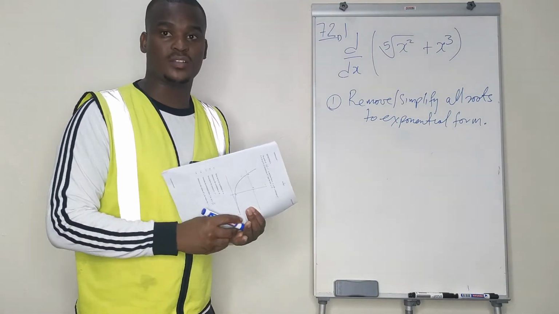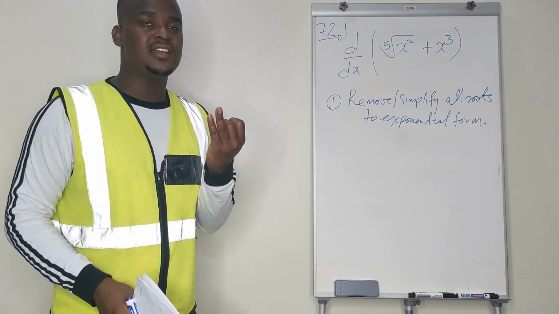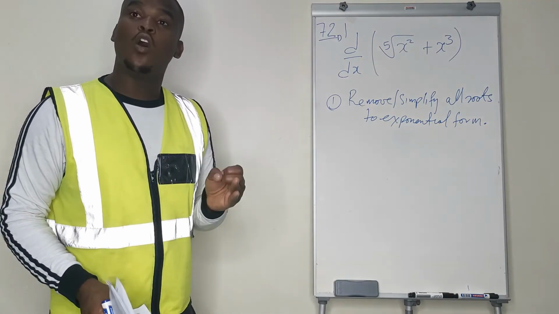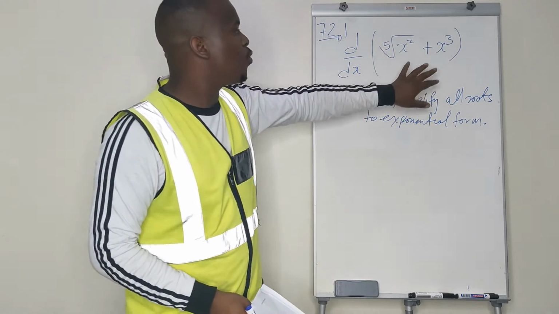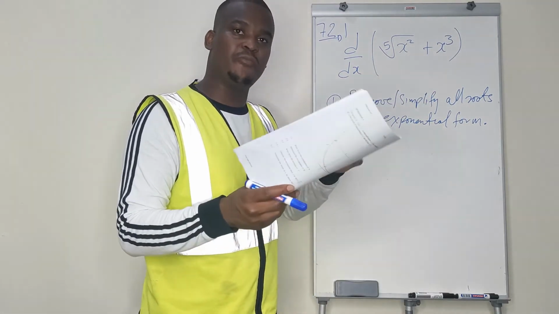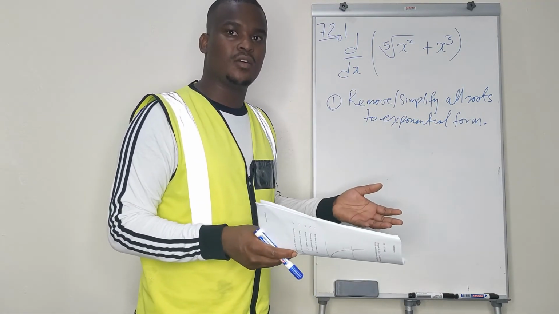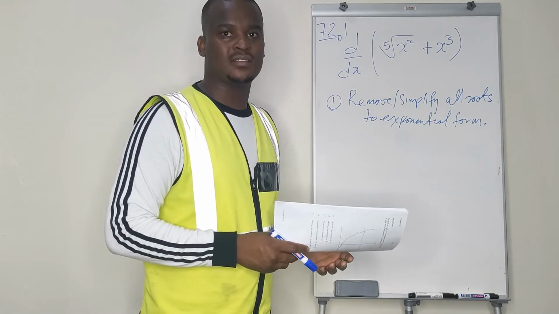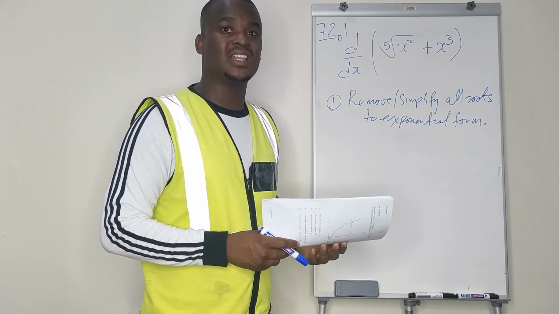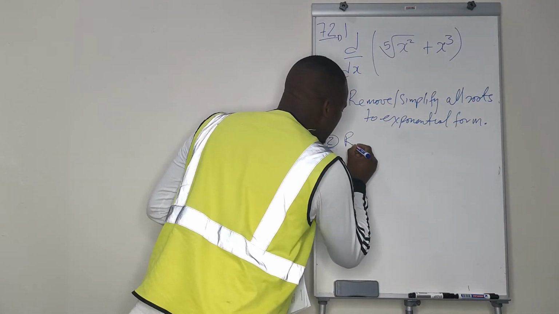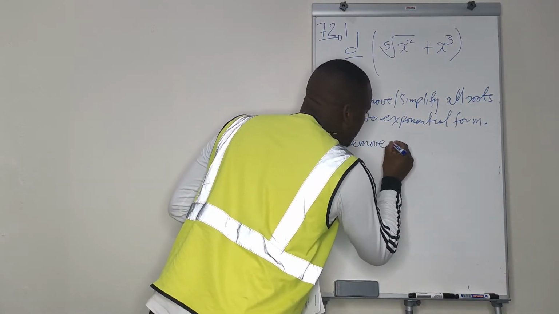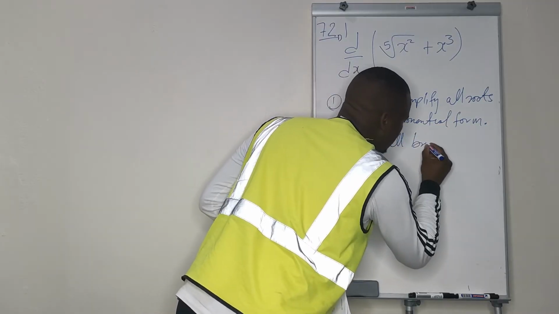That's the first thing they want. Second thing is remove all brackets. If what you want to derive has brackets inside it, you must remove all that. That's the second thing they want from you. So 2, you must remove all brackets.